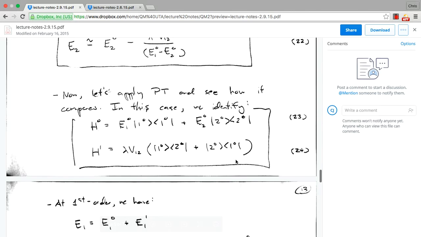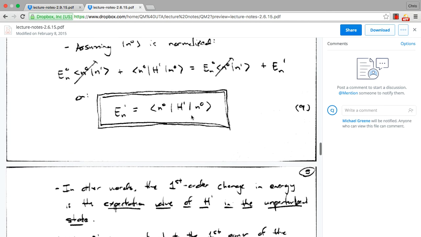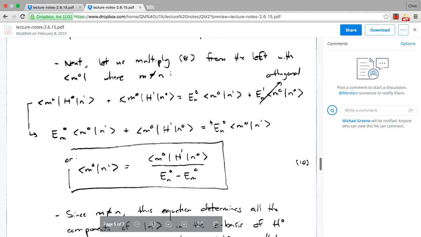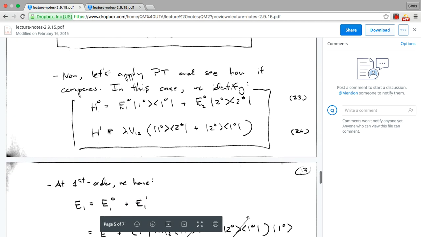Now at this point, we've already worked through all the formalism, so all we need to do is go back and look at our formulas. If I want the first order energy correction, I go back here and say the first order energy correction is the perturbed Hamiltonian sandwiched between two unperturbed eigenkets. If I look at what I have, the perturbation Hamiltonian looks like this. It's a |1><2| plus a |2><1|.